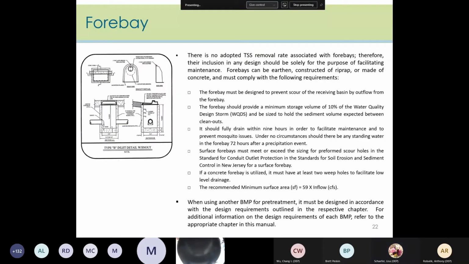So we also know that sand filters are required to have some type of pre-treatment, but on the left is the detail that was provided. The engineer stated that a B inlet with a snout was provided for this purpose. Now, a manhole of some type in front of a BMP that requires a forebay is not an adequate substitution for that forebay, so that's another deviation from the BMP manual.